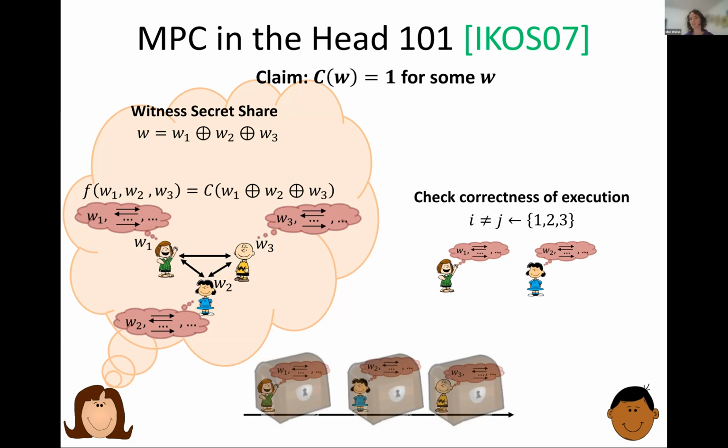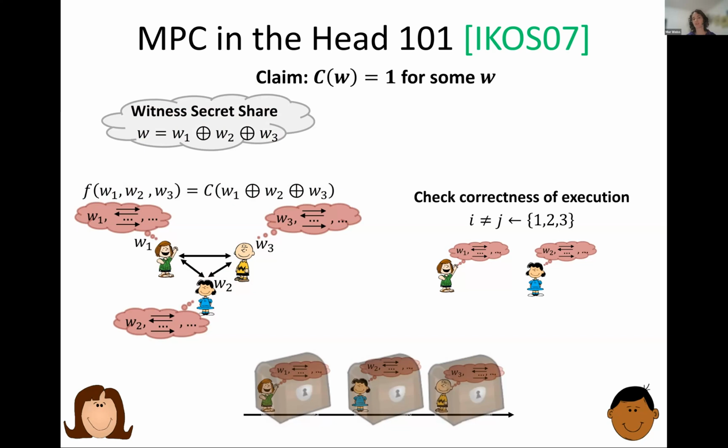For the purpose of this talk, you just need to know three ingredients of this technique. The first is that the prover secret shares the witness in her head using an additive sharing. The second ingredient is that the prover uses an MPC protocol to somehow evaluate the circuit over the witness.